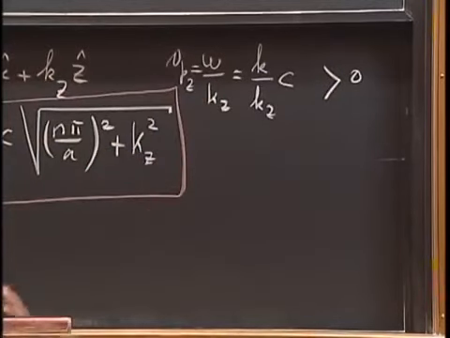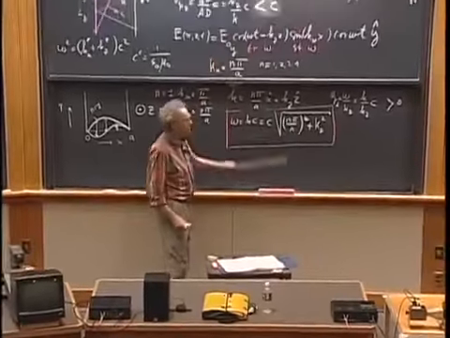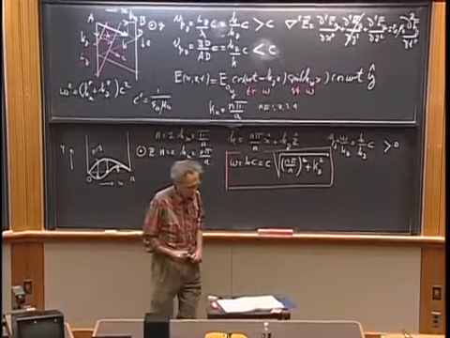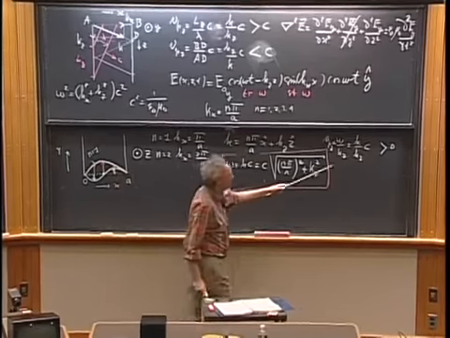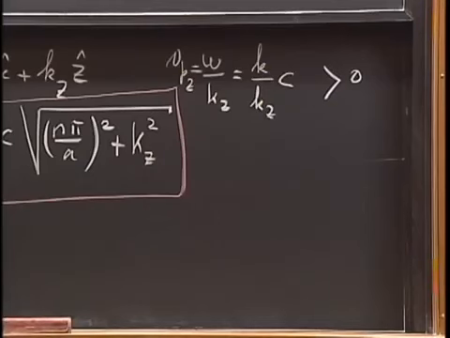You see exactly the same stuff here that we had there. When kz goes to 0, and that is possible, I will show you that in a minute, the phase velocity goes to infinity.